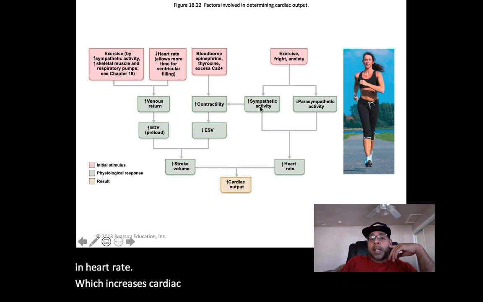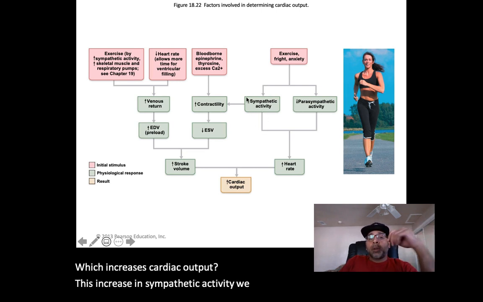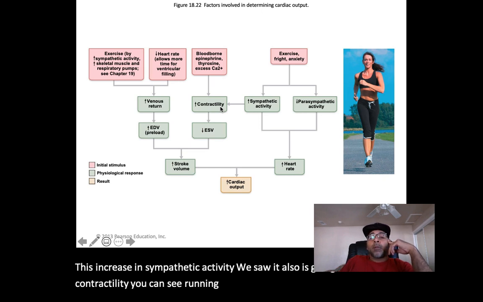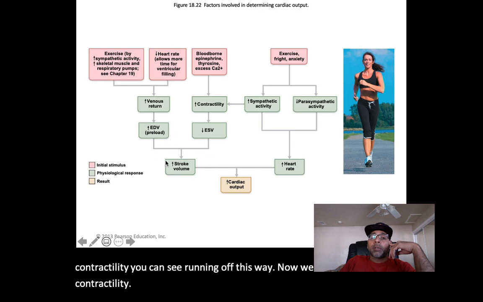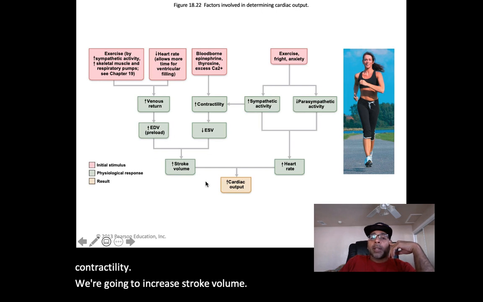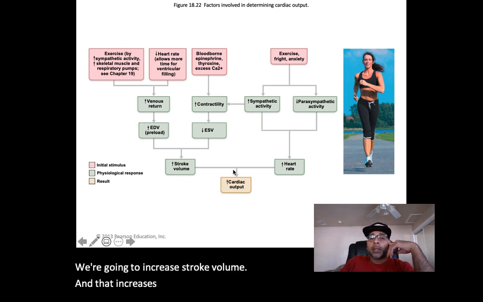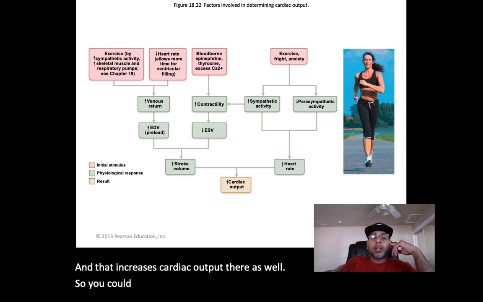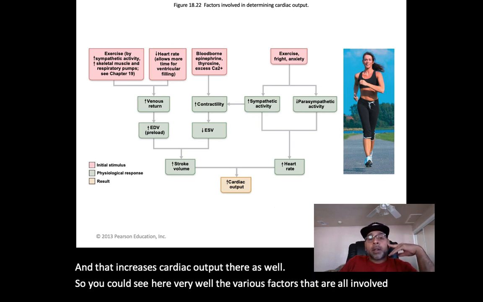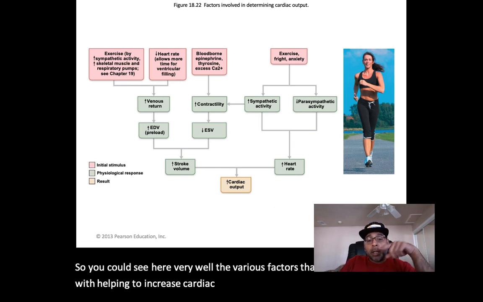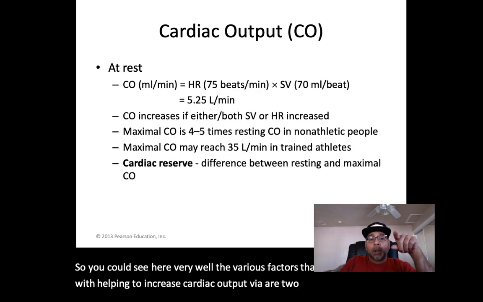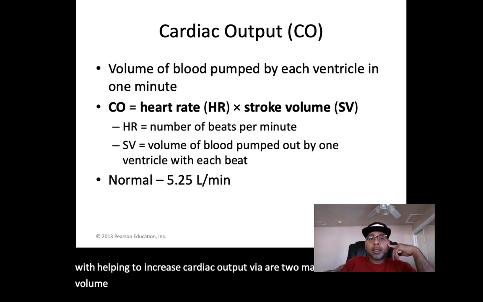This increase in sympathetic activity, we saw, is also going to increase contractility, you can see running off this way. Now, if we increase contractility, we're going to increase stroke volume. And that increases cardiac output there as well. So you can see here very well the various factors that are all involved with helping to increase cardiac output via our two main factors, stroke volume and heart rate.